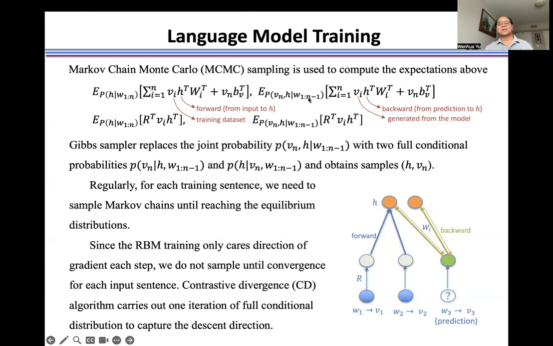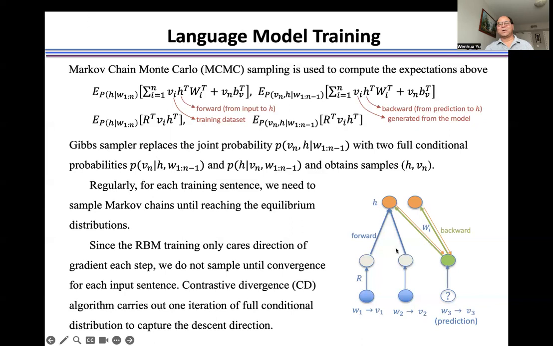To speed up the simulation, the Gibbs sampler replaces the joint probability with two full conditional probabilities. First, we condition on the history and this H to calculate the conditional probability of this Vn.